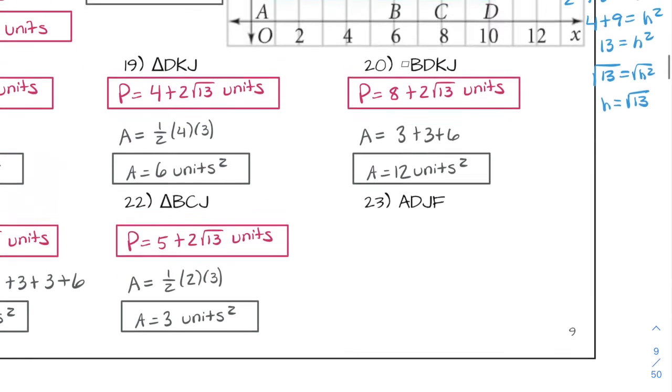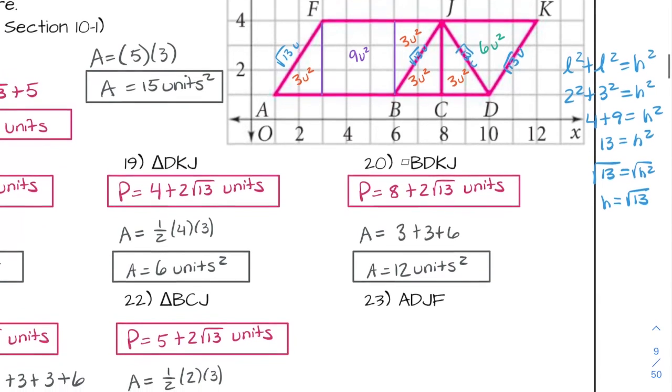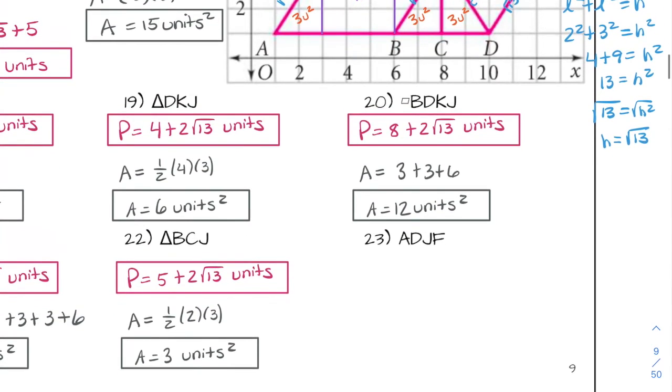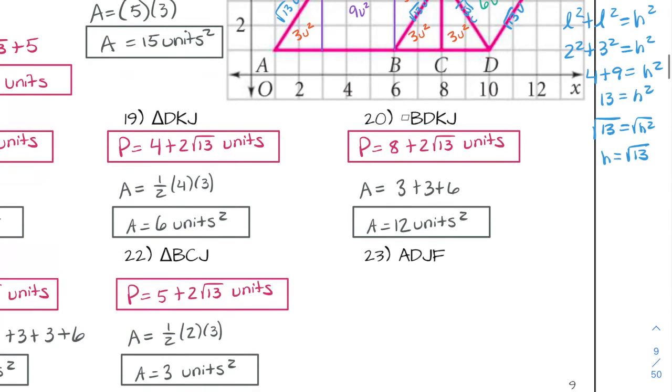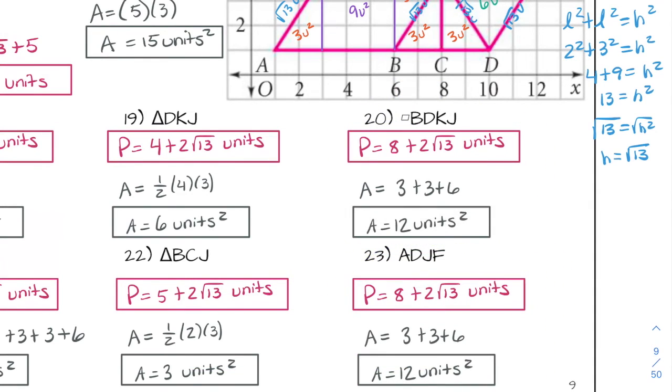The last one, ADJF. Okay, ADJF is this trapezoid. Again, you don't know the area of a trapezoid yet. So I'm just going to do the perimeter.